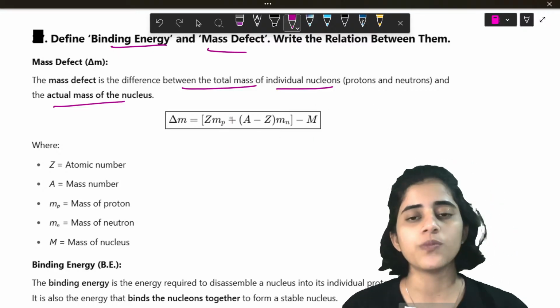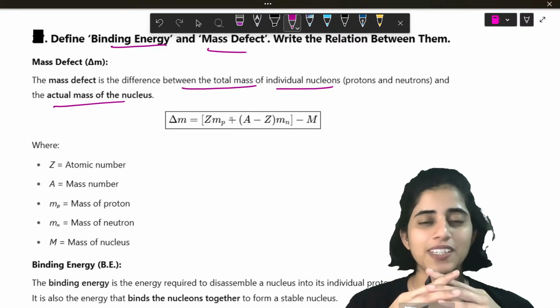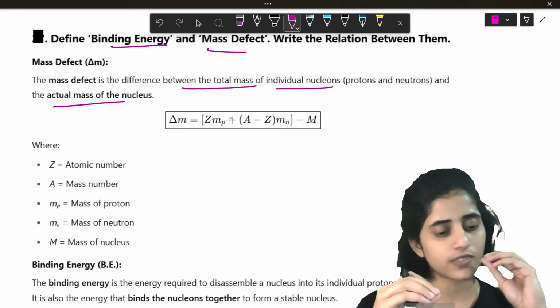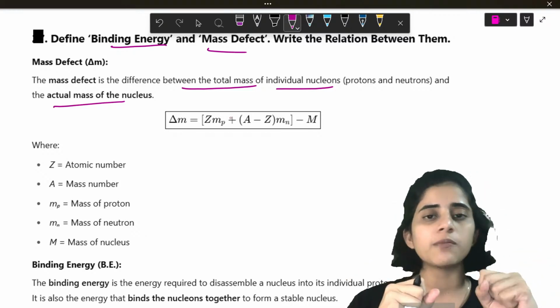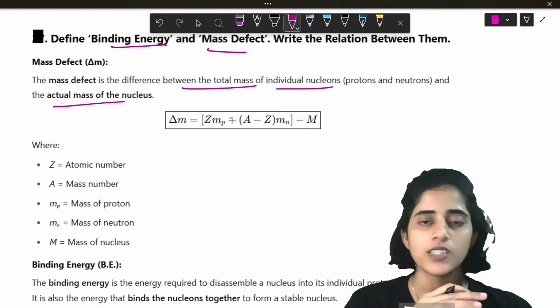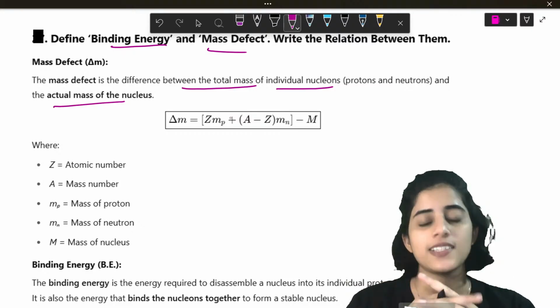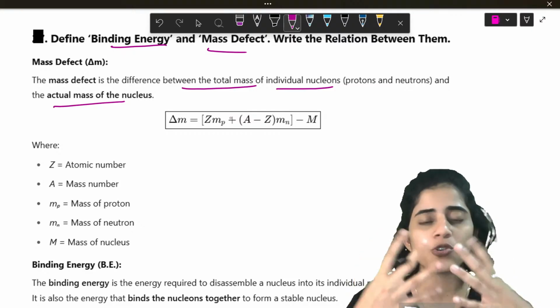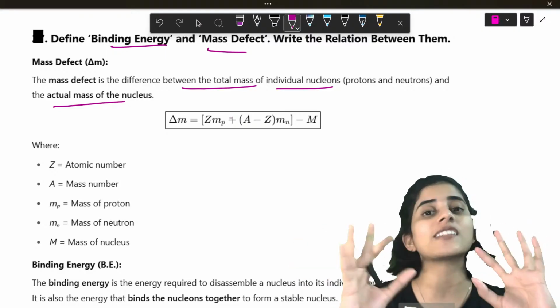Imagine you have a nucleus with these many protons and these many neutrons. If you take the mass of all the protons and all the neutrons, you will get a value. Shouldn't that be equal to the actual mass of the nucleus? No electrons in the nucleus, so you don't have to consider electrons.